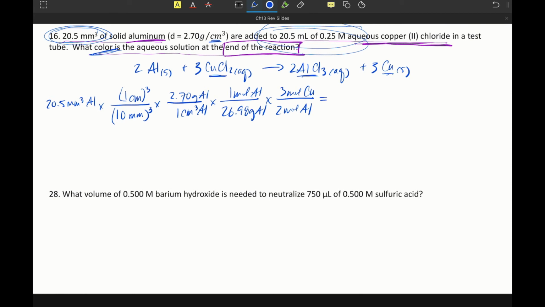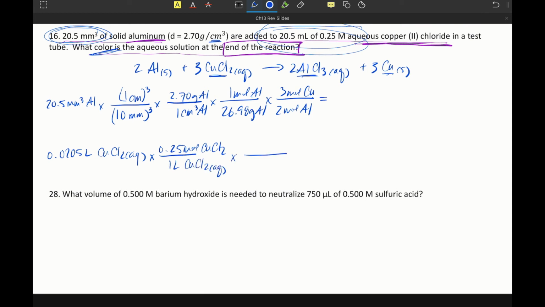Let's go ahead and set up the next part, which says 20.5 mL, so 0.0205 liters of my CuCl2 aqueous. Then I'm going to use the molarity, so 0.25 moles of my solute for every 1 liter of my solution.